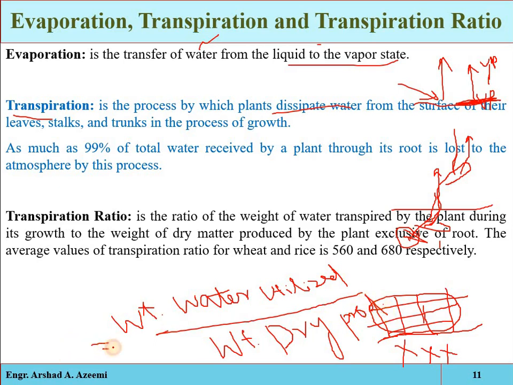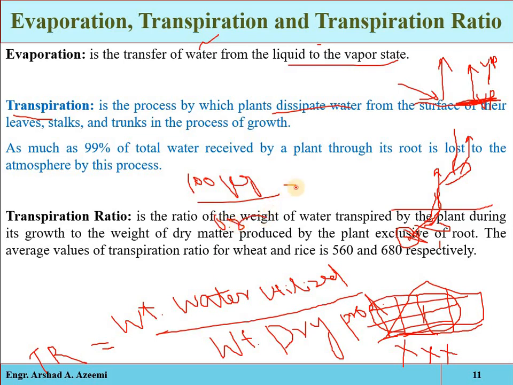For example, suppose in 1 square meter, a crop utilizes 100 kilograms of water, and from that 1 square meter of area, the dry weight of the plant produced is, for example, 0.2 kilogram.